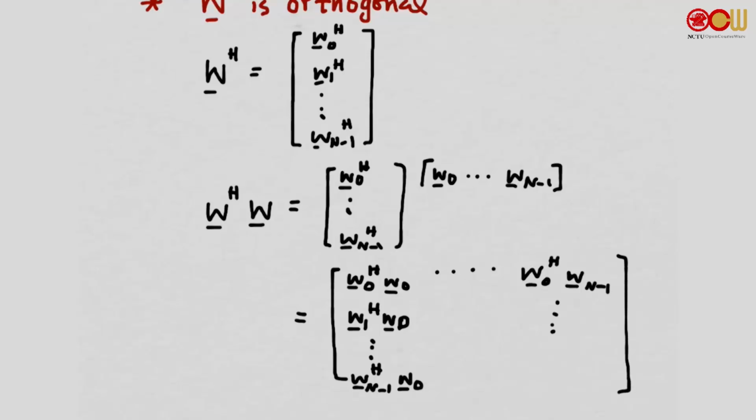And here we have W_(N-1) Hermitian and W_(N-1). Each element is the product of a row vector and a column vector, like this.